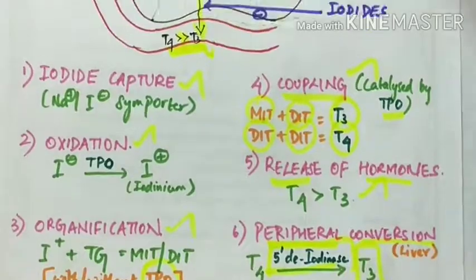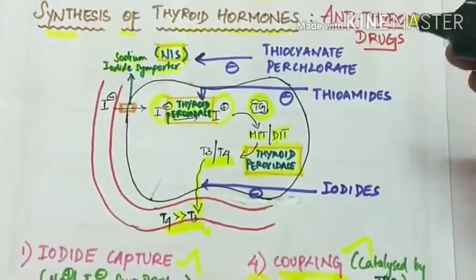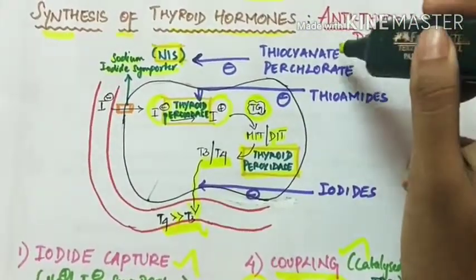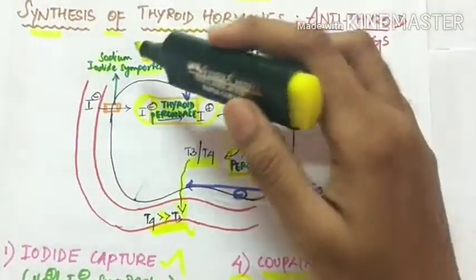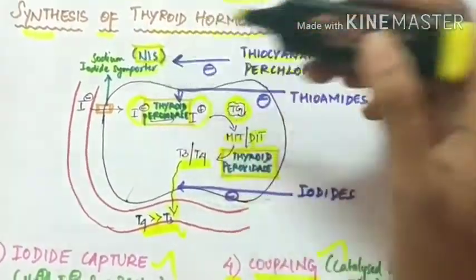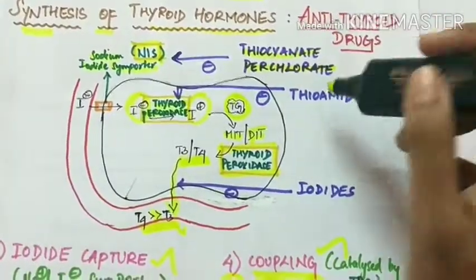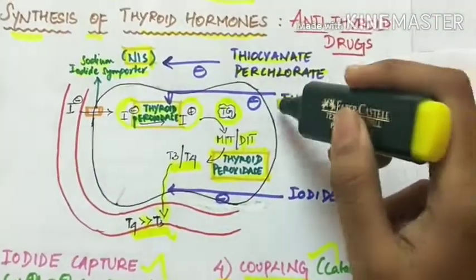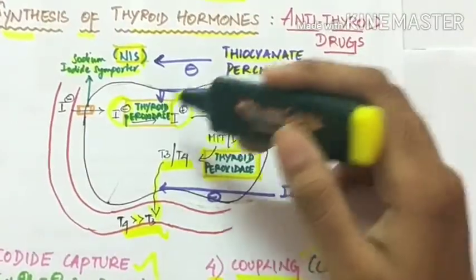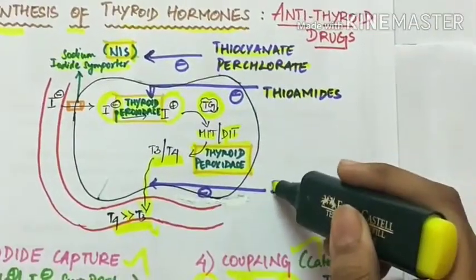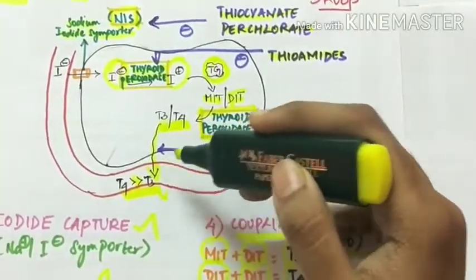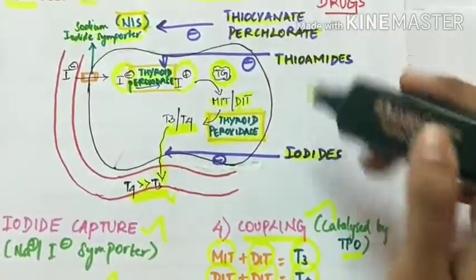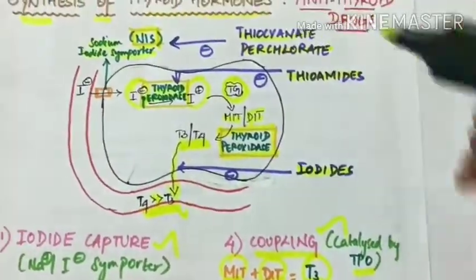Now let's see about the anti-thyroid drugs. First class are thiocyanates and perchlorates, which inhibit the sodium iodide symporter. Second class are thioamides, which inhibit the thyroid peroxidase enzyme. And the third group of drugs are iodides, which inhibit the release of thyroid hormones into the blood. These are the three major groups of anti-thyroid drugs.